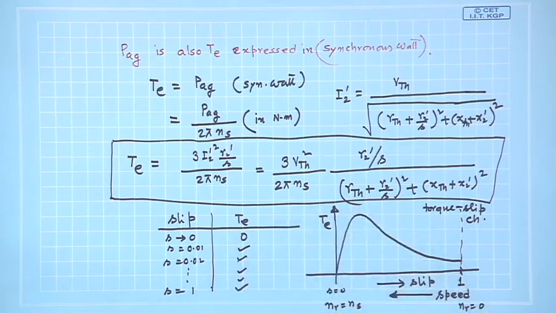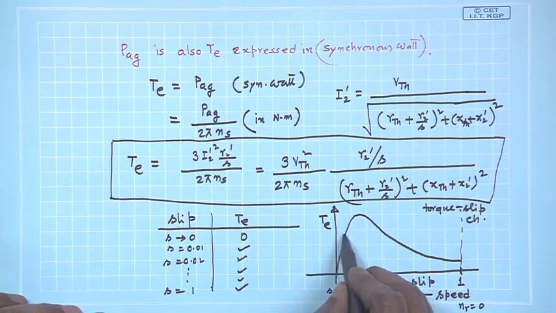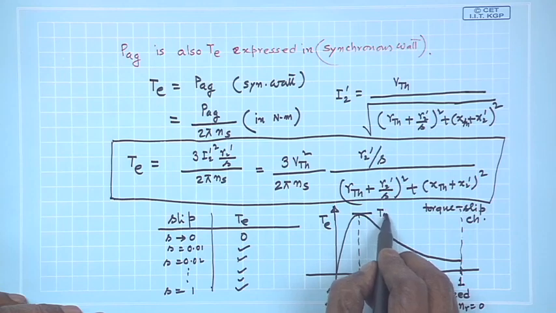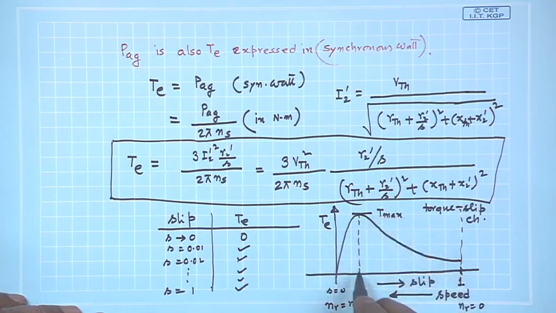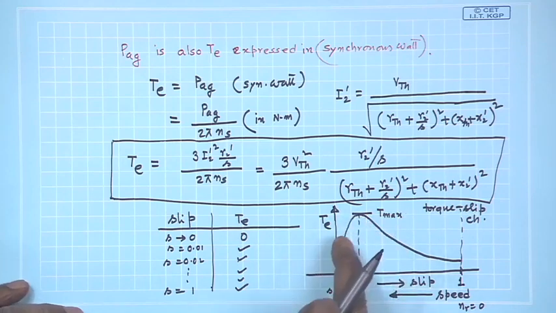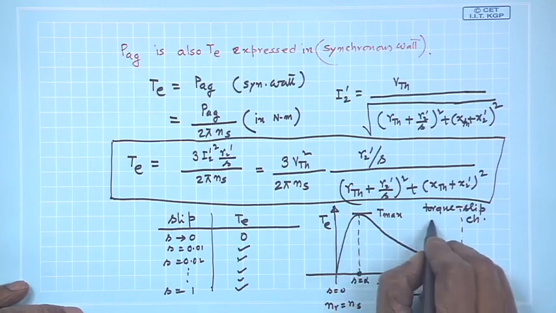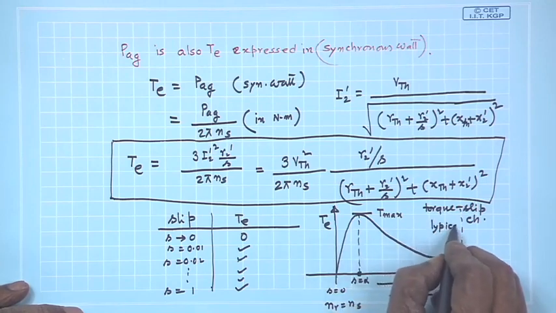You will note that the torque increases as slip increases, then it attains some maximum value T max at some slip, say s equal to alpha. At s equal to alpha there is a maximum value of the torque, and then torque once again decreases.